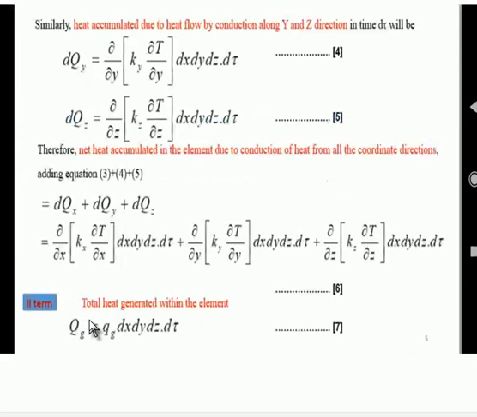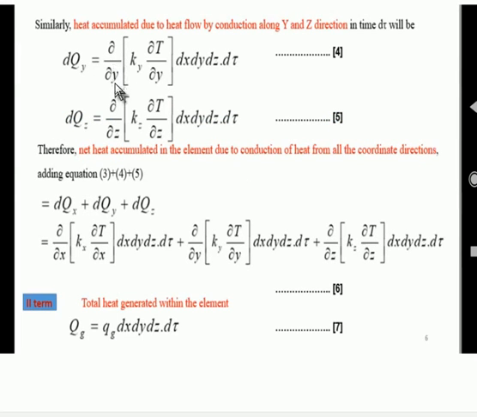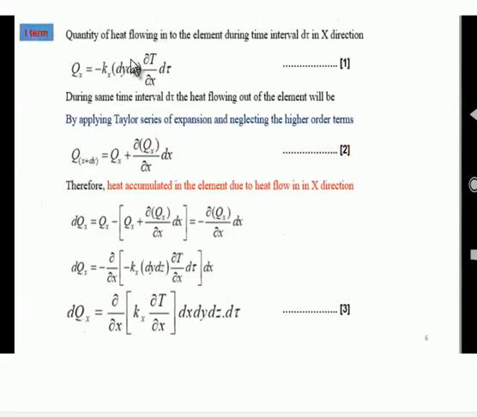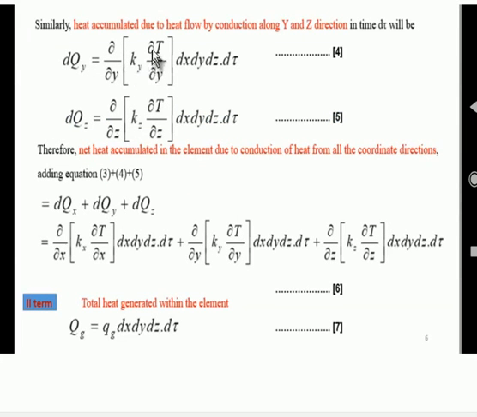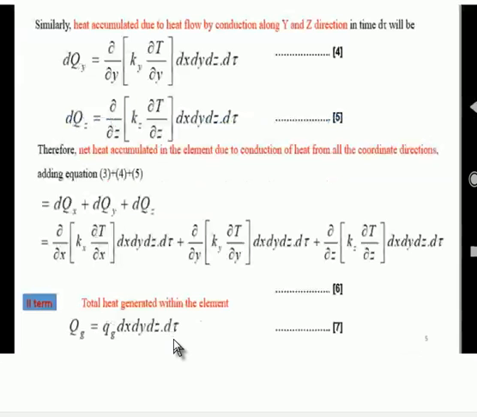So see here, dqy, dou by dou y, here dou by dou x is there, we have to replace that with dou by dou y, and here kx is there, and here ky dou t by dou y. Where there is the x term, we have to replace it with the y term, that will give us the net heat accumulated in the y direction.